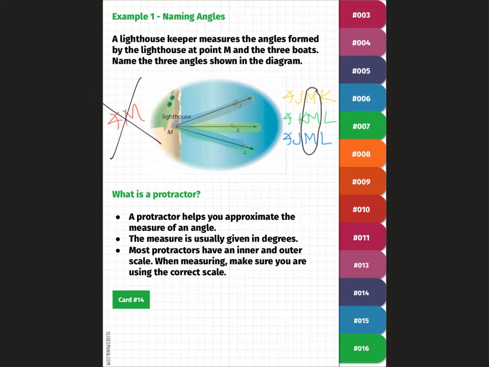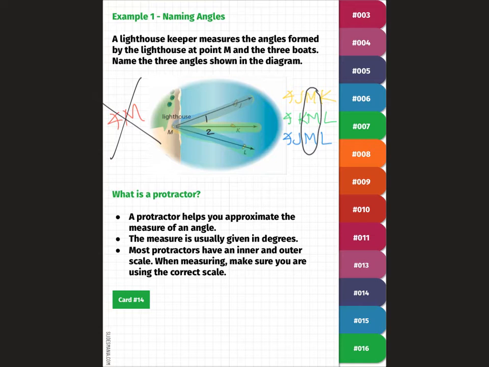We don't know, right? So when you have multiple angles that have the same vertex, you may not name the angle by the vertex. You have to name the angle by a point on each ray in the vertex. Or if there were like a 1 here and a 2 here, then JMK could be angle 1 and KML could be angle 2. So that would be an option if that was given to you.